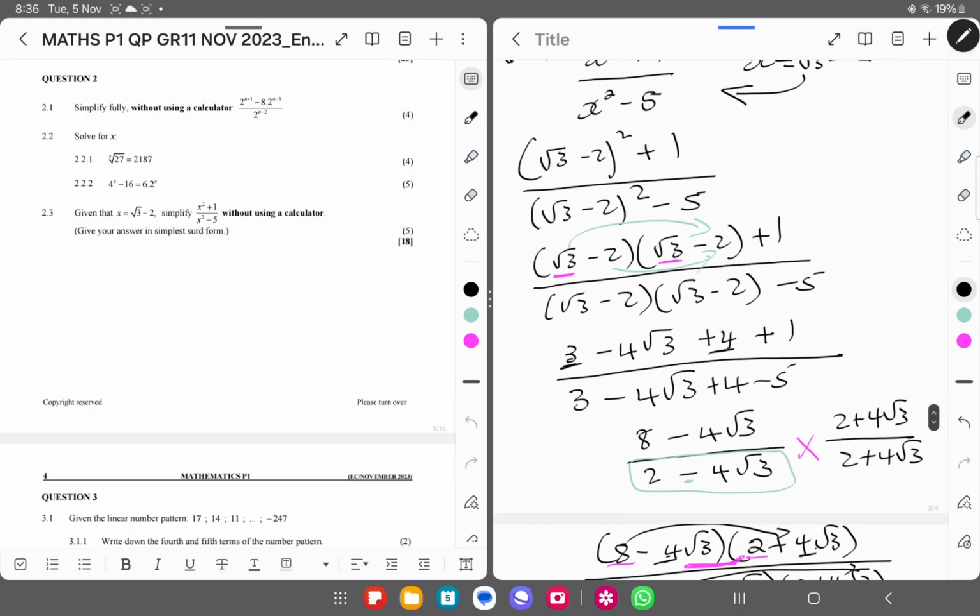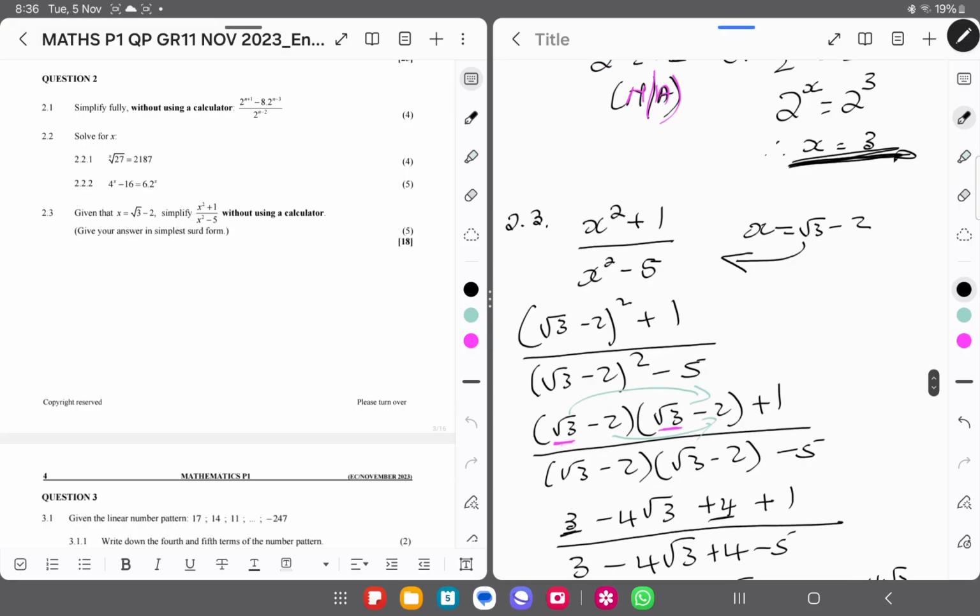Let's try to punch the question in to check. The root of 3 minus 2 squared plus 1 over the root of 3 minus 2 squared plus 5. What do we get as the answer?